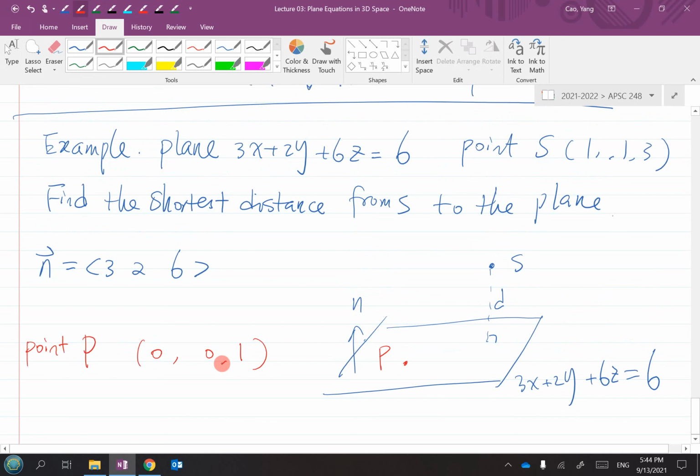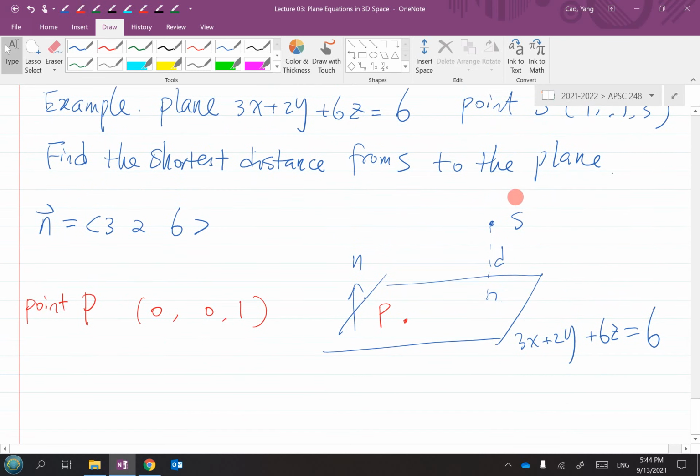Excellent. Can anybody give me another point P? 2, 0, 0. Yes, good. So you can pick a point P here. Now all of a sudden you have more things on the paper than the original, just a plane and a point S.